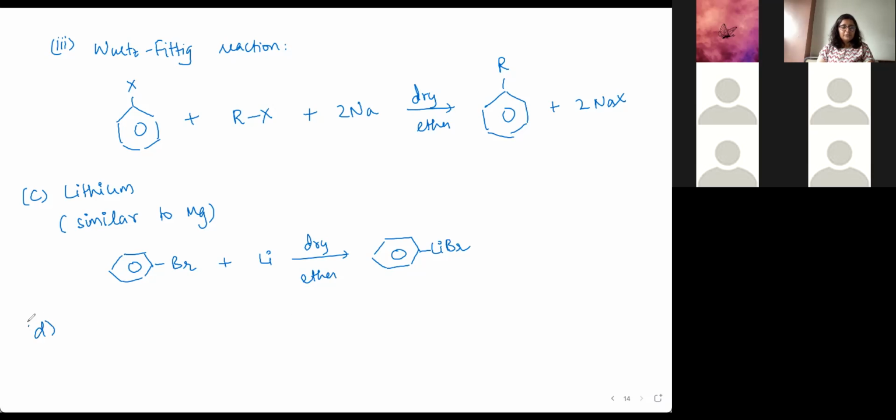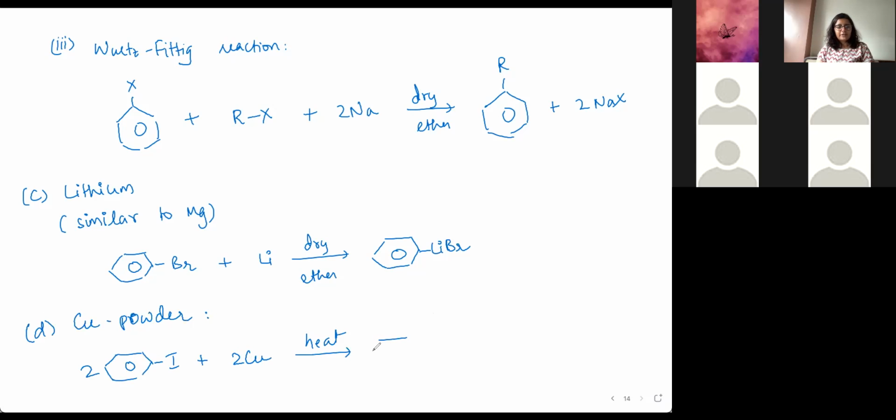And finally, similar to Fittig reaction, if you heat iodide with copper powder, this is another method of preparation for diphenyl. Cu, heat.